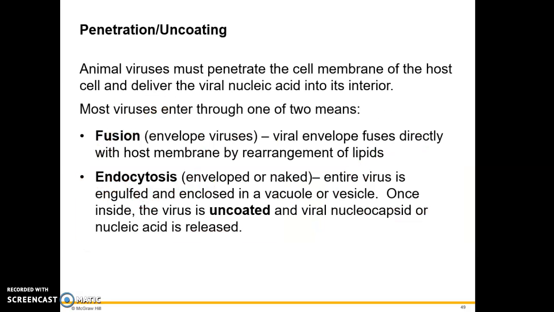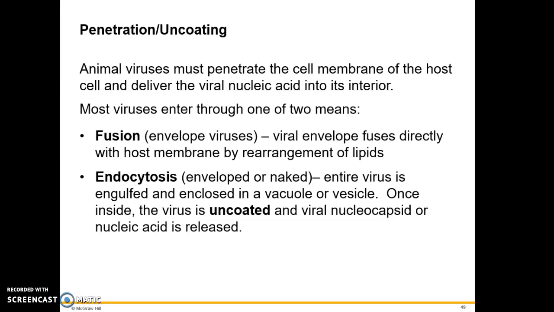Okay, so penetration and uncoating. Animal viruses have to penetrate the cell membrane of the host and get that nucleic acid into the interior of the host cell in order to be successful. The 2 most common ways that a virus can penetrate a host cell are by fusion or endocytosis. Fusion is in enveloped viruses. The viral envelope fuses with the host cell membrane by rearranging those lipids or phospholipids there.